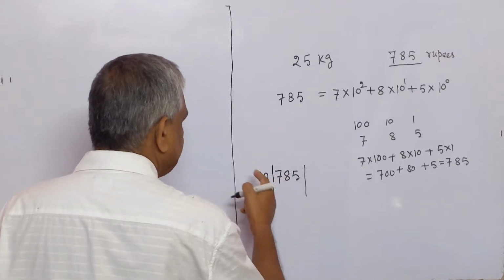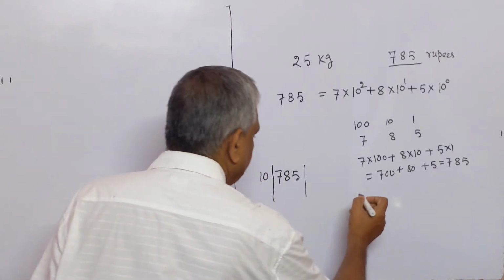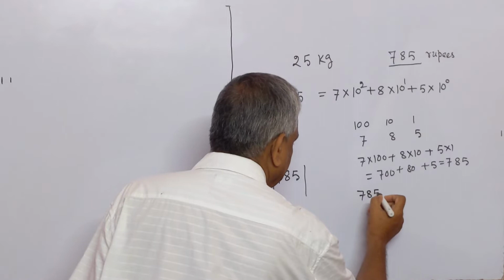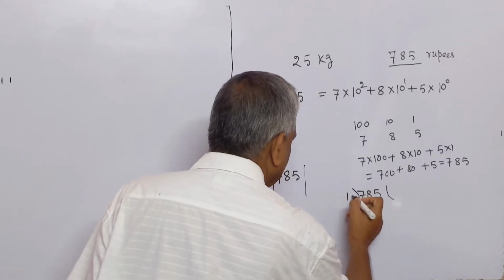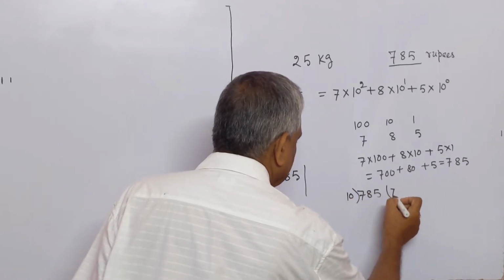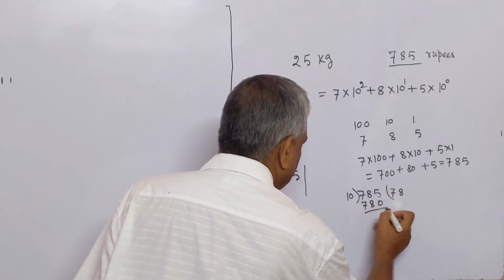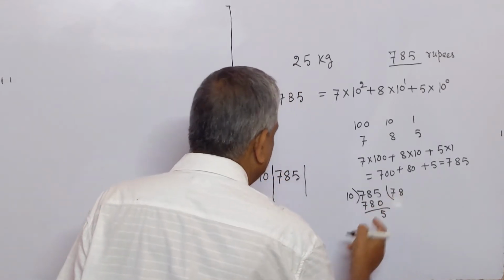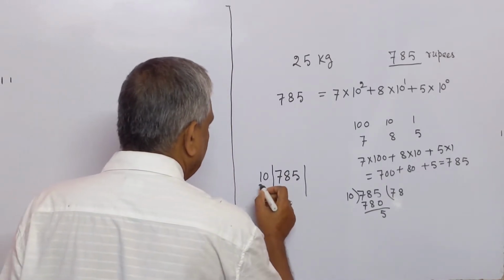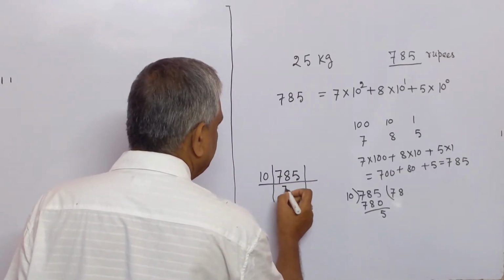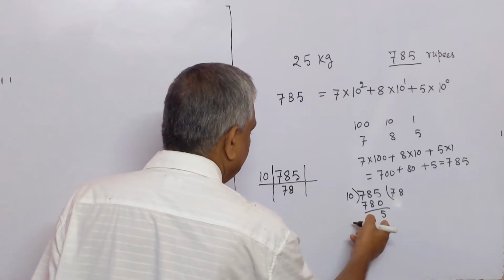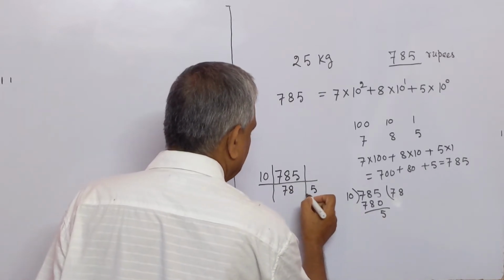Decimal system means base 10. If we divide 785 by 10, here we get 78, here 780, remainder 5 and quotient 78. We write here quotient 78 and remainder 5 here.